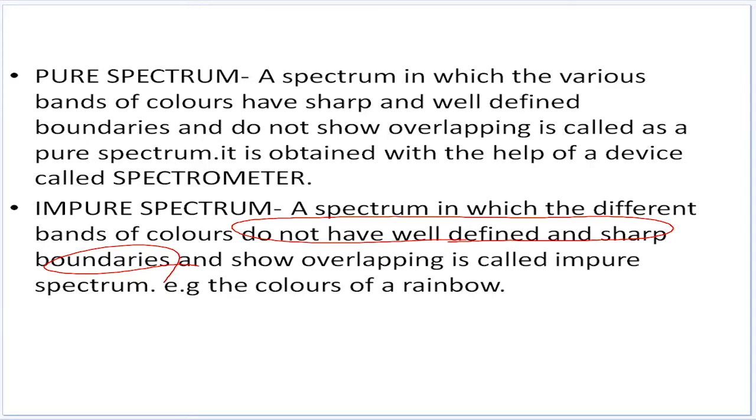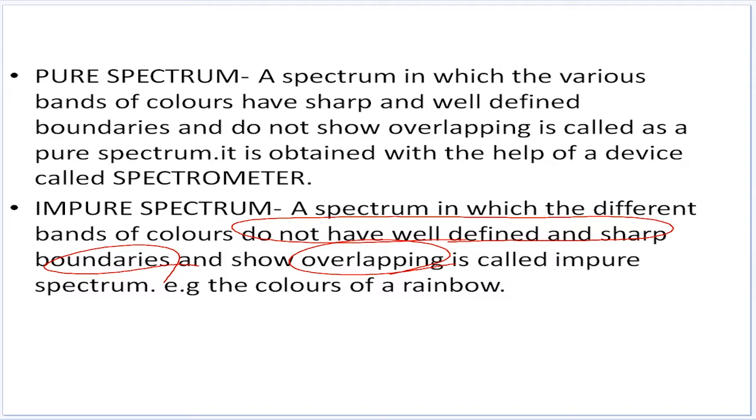We find the colors are overlapping with each other, then it is called an impure spectrum. We saw in a prism that when white light is striking a prism, the band of colors obtained are mutually overlapping with each other, and therefore it is called an impure spectrum. We can see the colors of a rainbow also. The colors are mutually overlapping with each other, and hence it is called an impure spectrum.